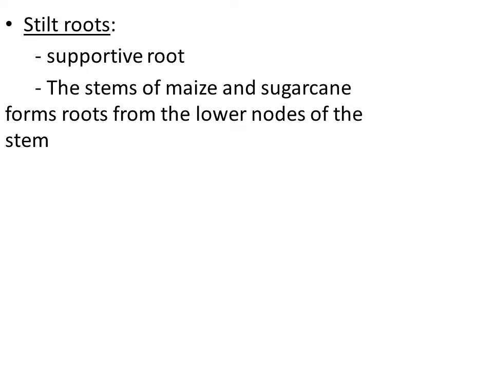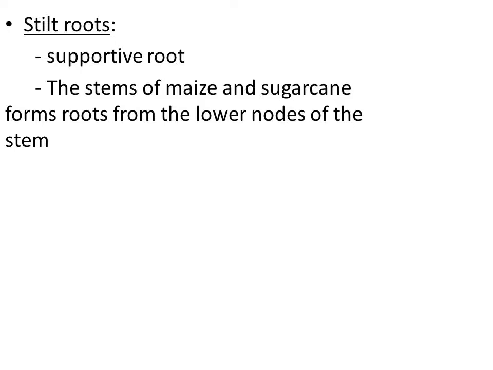Maize and sugarcane plants are monocotyledonous plants. In monocotyledonous plants, the type of root is fibrous root, right? The fibrous root does not reach into the deeper region of soil like a taproot. In the taproot we can see the primary root, which penetrates to the deeper region of the soil.